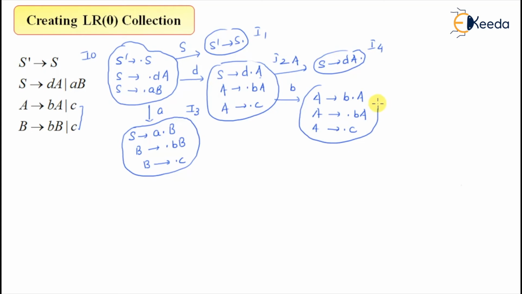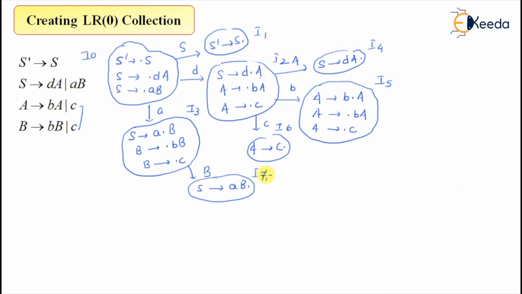This is a new state, and I will call it I5. On input c, it will become A derives c dot, and this is your I6. On input capital B, this will become S derives aB dot, and that's your I7 state.